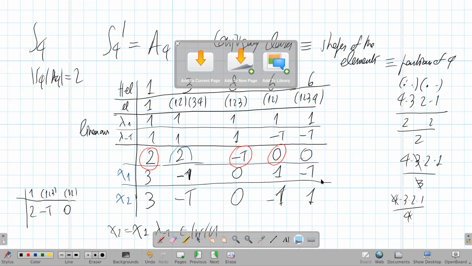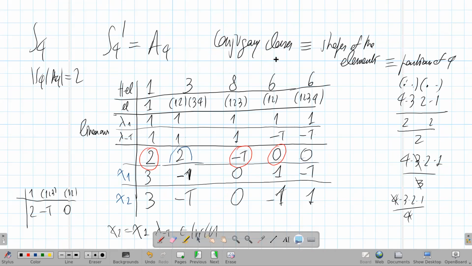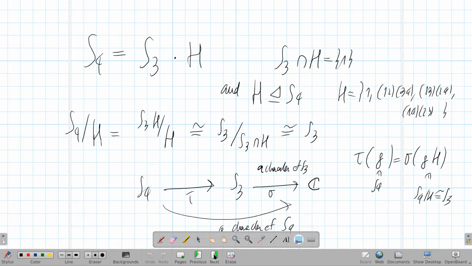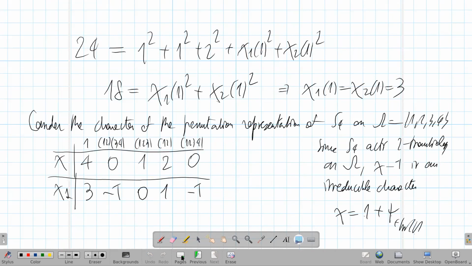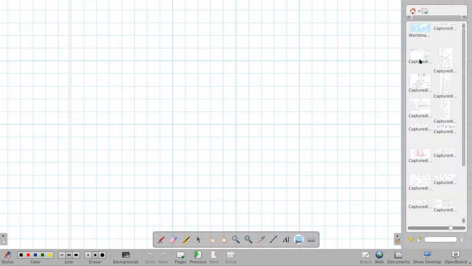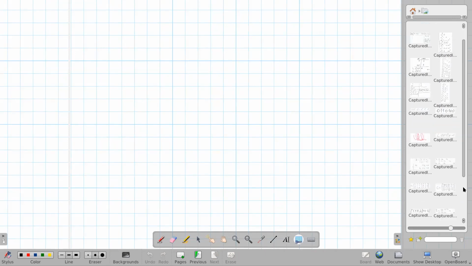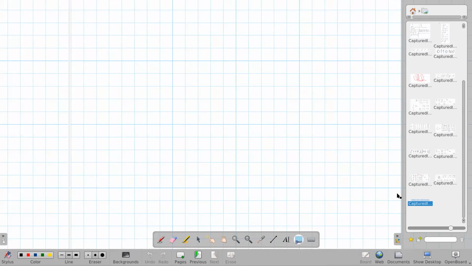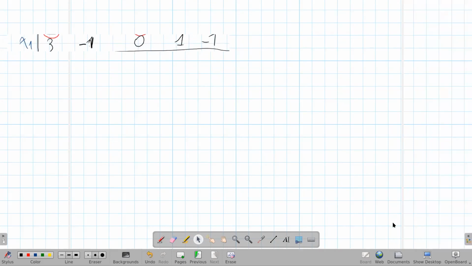Good. Add to library, and then should be the last one. Okay, yes. It's a bit dirty, but dirty meaning that there are some leftovers.